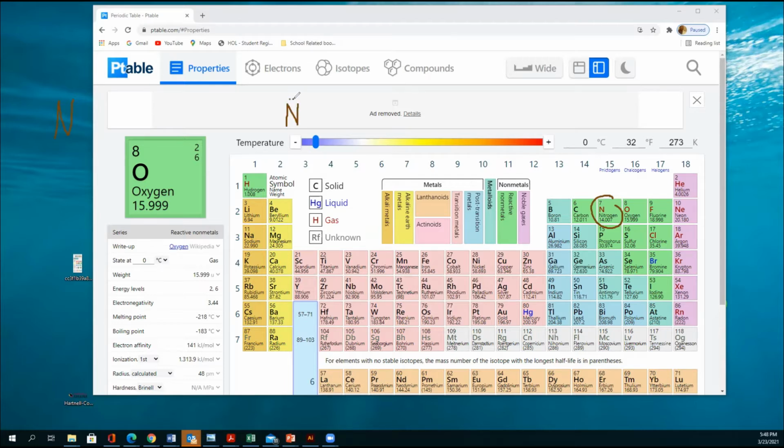So I'm going to put 5 dots, right? Okay, how many valence electrons does bromine have? I can't locate it. Let me see. 7, that's right. Bromine is located right here.